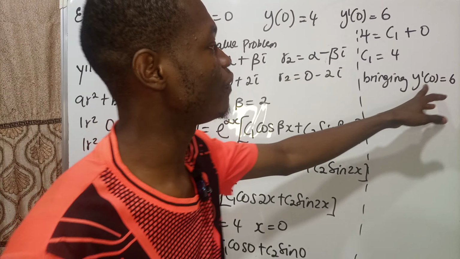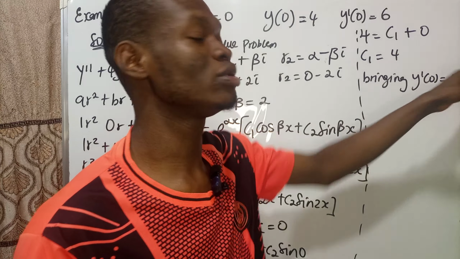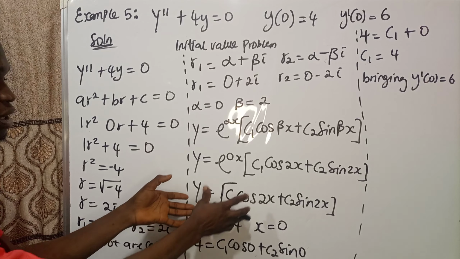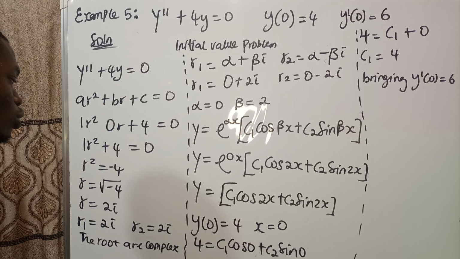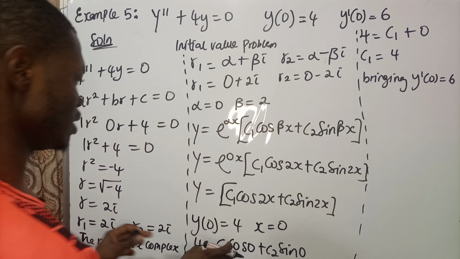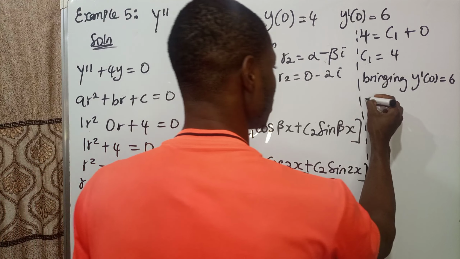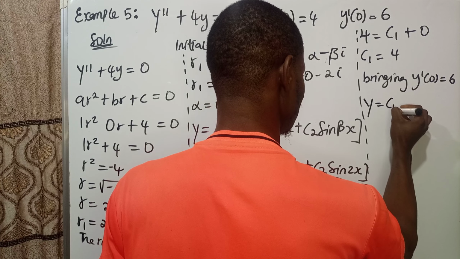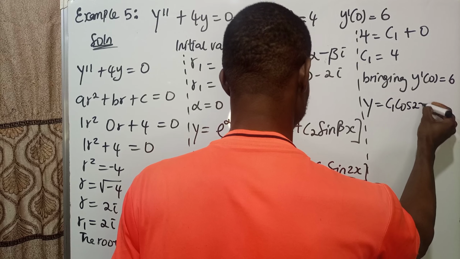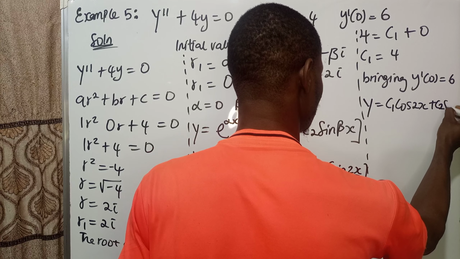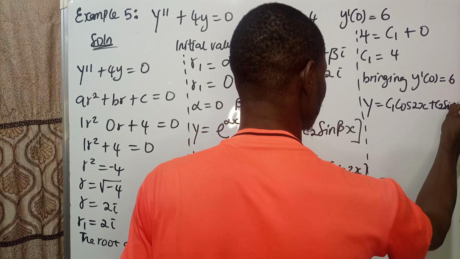So how can we find our y prime to substitute this value as we did in the first equation? What we are going to do is bring this equation here: y is equal to c1 cos 2x plus c2 sine 2x.